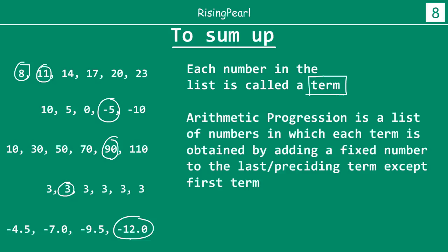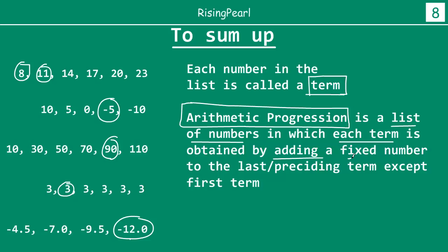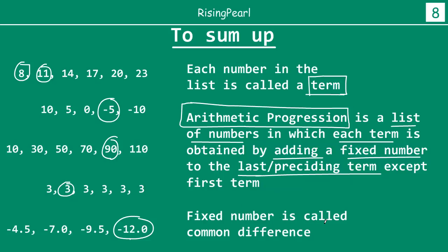Then we looked at arithmetic progression, because this is about arithmetic progression. So arithmetic progression is defined as a list or a series of numbers in which each term is obtained by adding a fixed number to the preceding term, except the first term. And that is what we talked about, right? The last and final point: the fixed number is called the common difference.